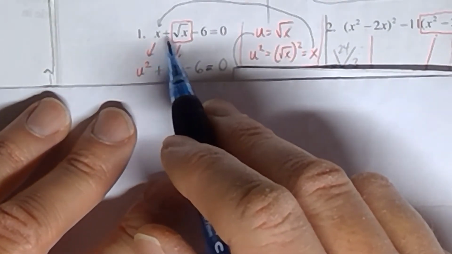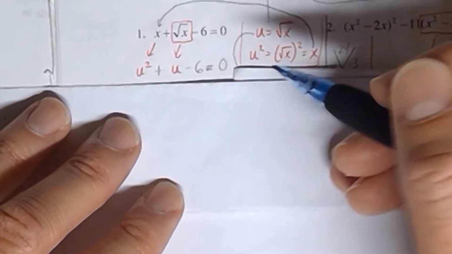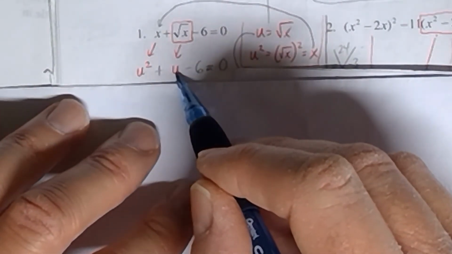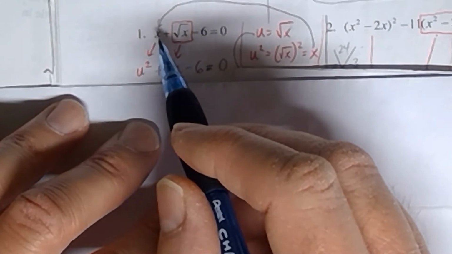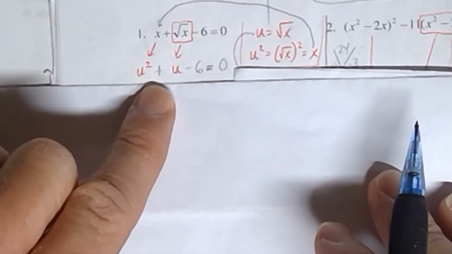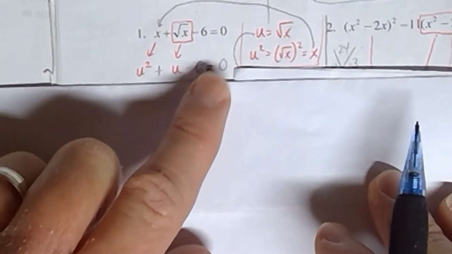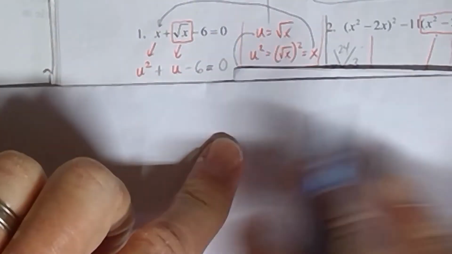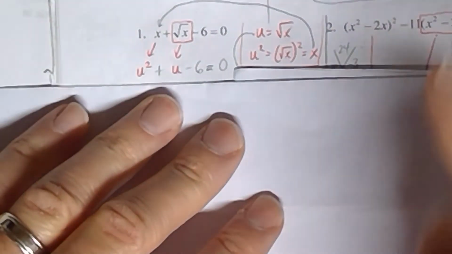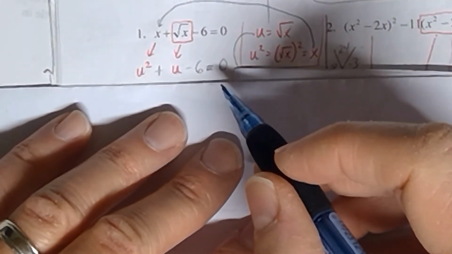And so, like we've been doing, you take that thing that was equal to u and replace it with u, and you take what u squared was equal to and replace that with u squared, keeping everything else the same, the plus, the minus 6, the equal to 0. It ends up looking like a normal quadratic equation.